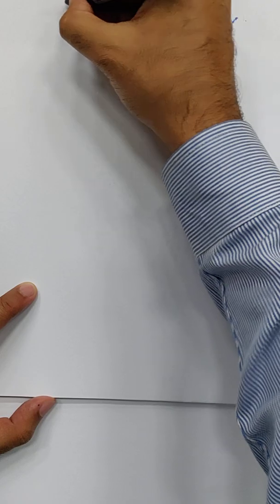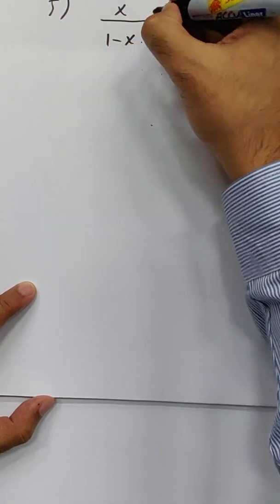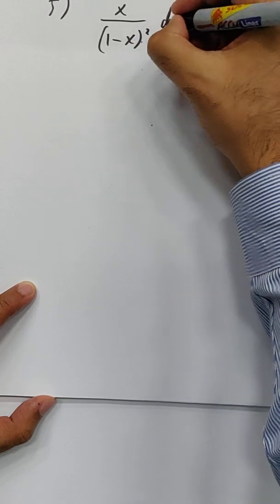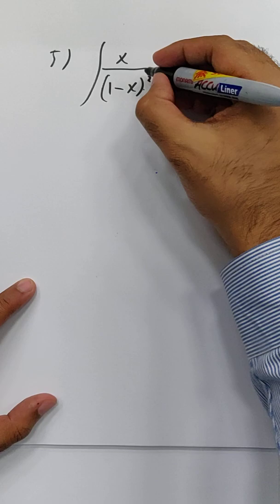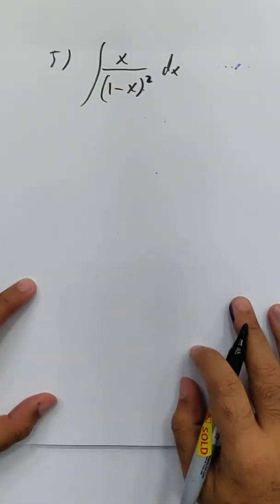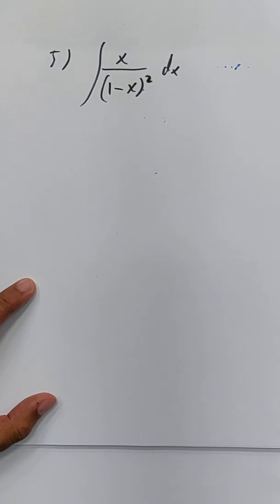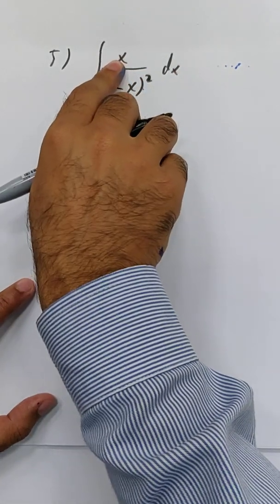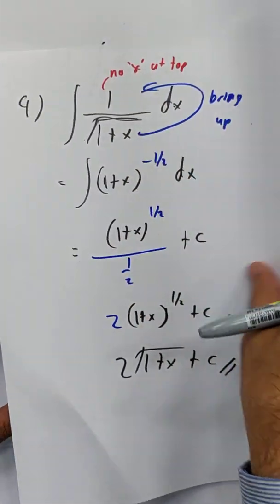Next one's number 5. Alright, the difference between this and the previous one is that there is x at top. The last question, there is no x at top.